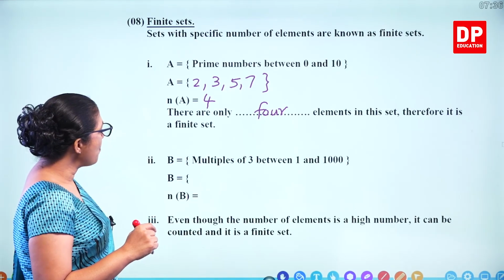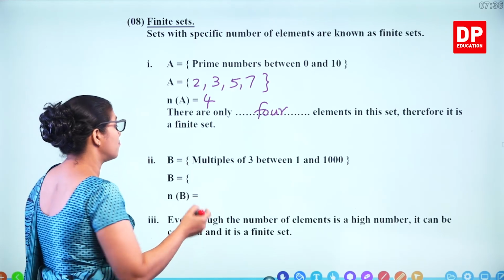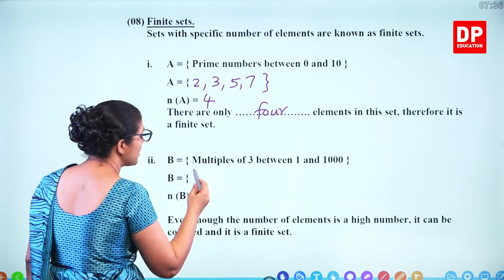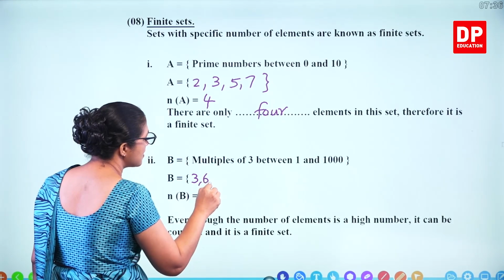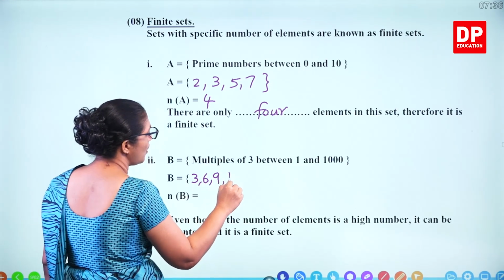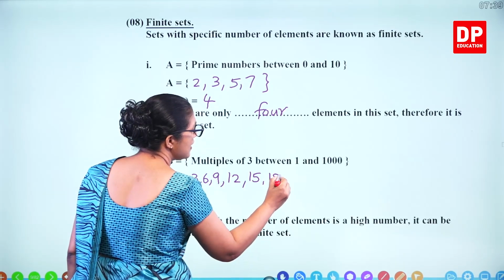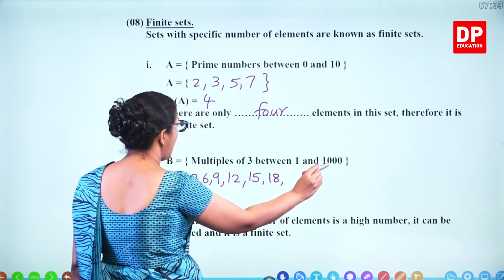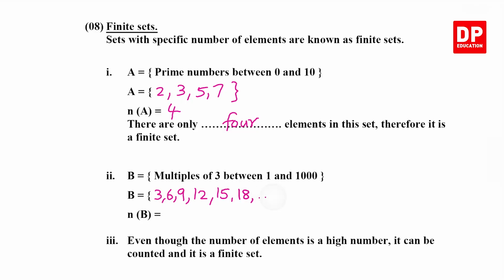Take a look at this one, multiples of 3 between 1 and 1000. You can do that, but it takes time. Multiples of 3: 3, 6, 9, 12, 15, 18, like that, less than 1000. So we know the last number is 999.